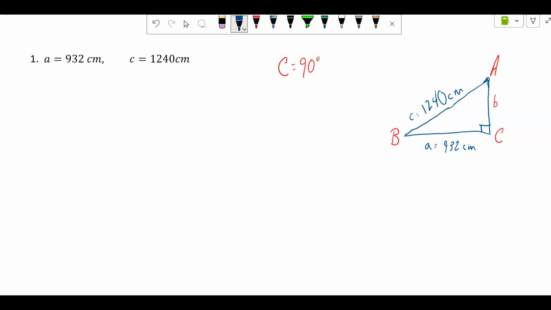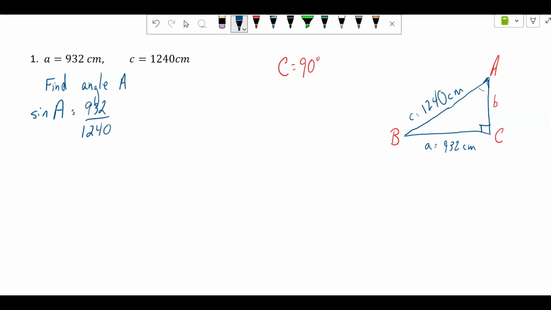So let's find angle A. We know that we have the opposite and the hypotenuse. Opposite over hypotenuse is sine. So we can say that sine A, the sine of angle A here, is its opposite, 932, divided by the hypotenuse, 1240.